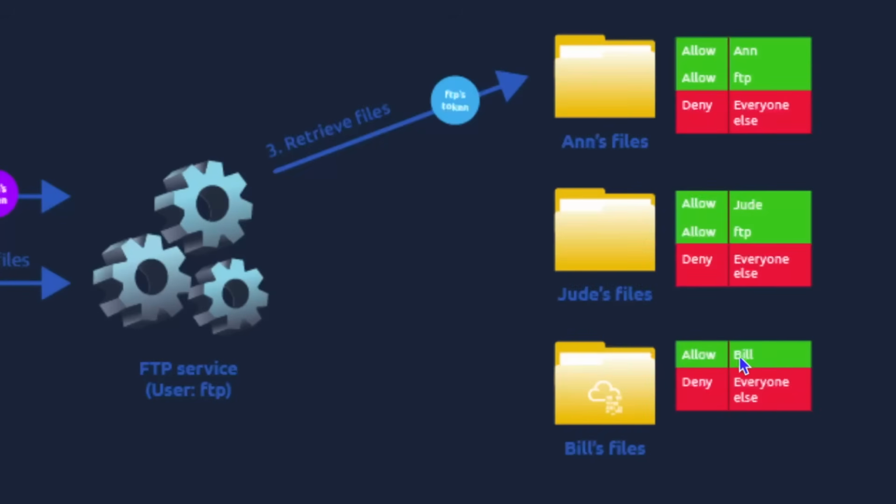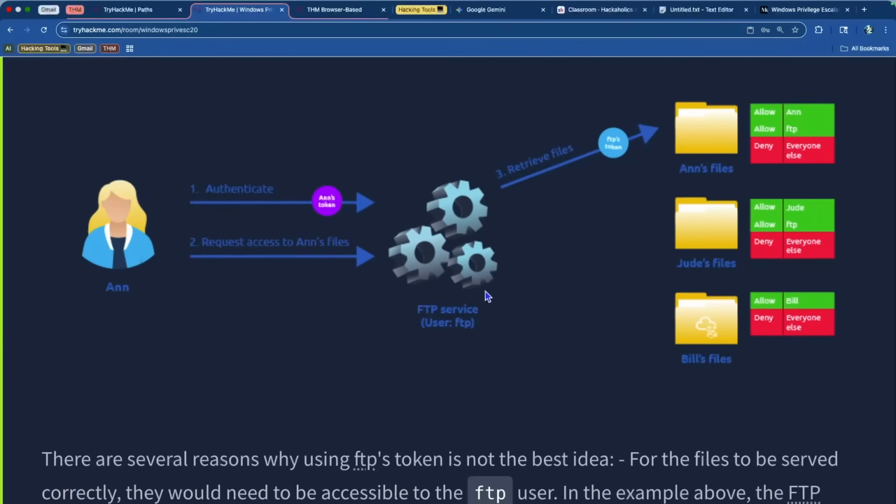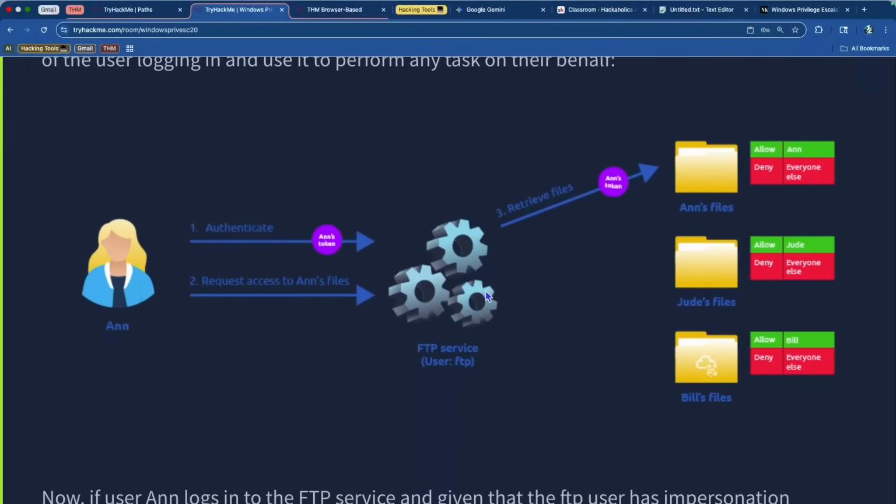So only Bill is allowed to access his own files. So this makes it an issue if Bill is trying to authenticate and the FTP service does not have SeImpersonate or assign, right? If it does not have those privileges, then it can't impersonate Bill, therefore it can't access Bill's files, which means that Bill won't be able to get access to his files.